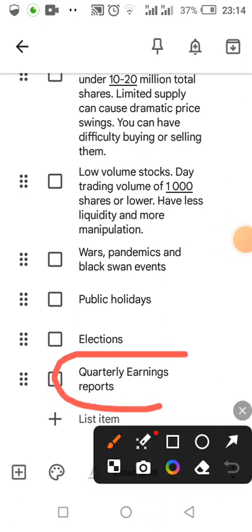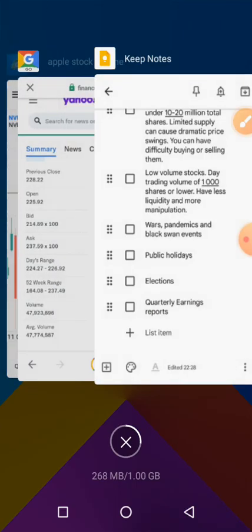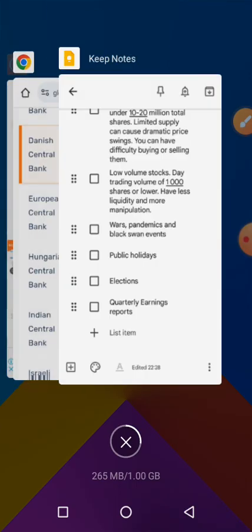Then the other thing you can notice are quarterly earnings reports. But I already mentioned that when we went to the Finviz website. These will be useful in trading stocks. So remember I was saying that quarterly earnings reports happen 4 times a year.